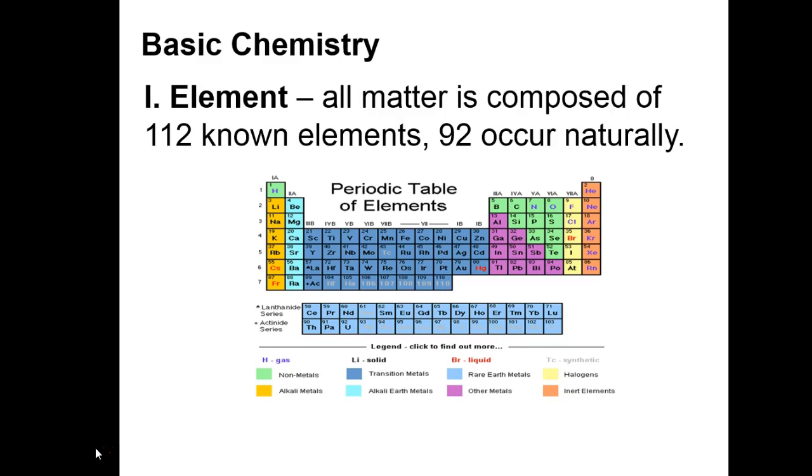And with regard to each of the 92, they all have unique properties. So an element is something that is unique to itself.